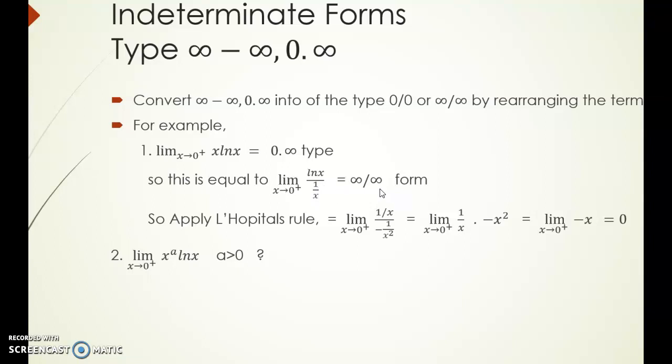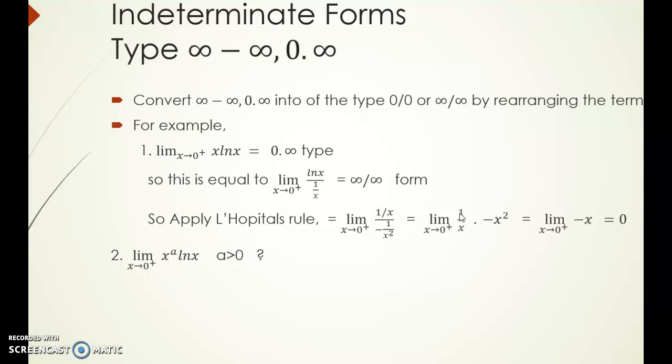Okay, so what do we have to apply? We have to apply the L'Hopital rule, that is derivative of numerator divided by derivative of denominator. The derivative of log x is 1 by x, and the derivative of 1 by x is minus 1 by x square.